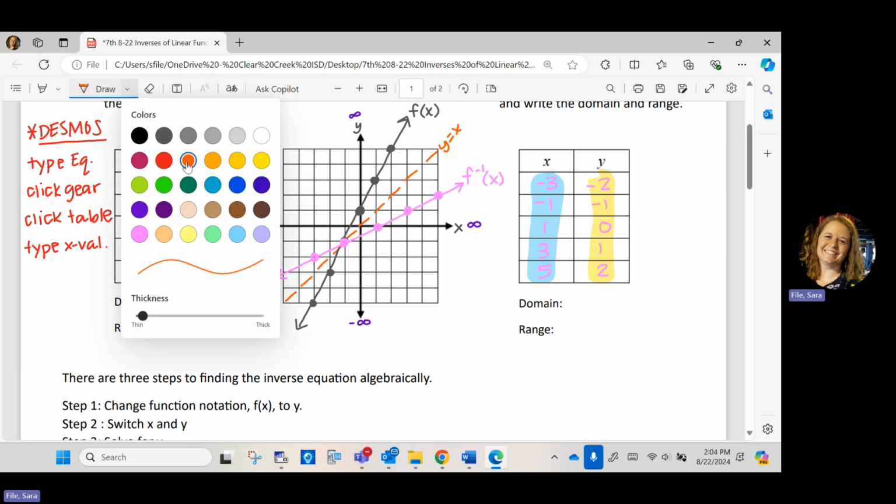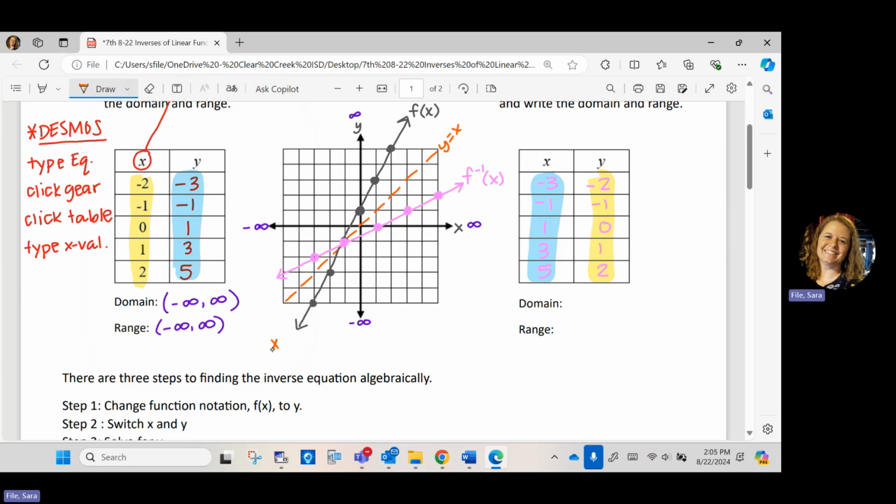So I'm going to make a note under that graph. Okay, I'm going to say inverse functions are symmetric over the line y equals x with their original function.